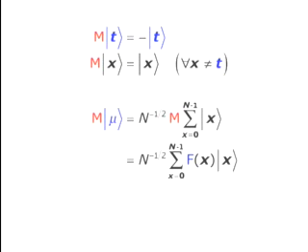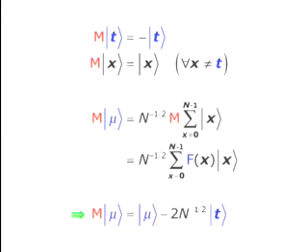Now you can see why I called this the marking operation. It marks the target term in the superposition by changing its sign. And we can write the effect of M in terms of states I've already named like this: M|μ⟩ equals |μ⟩ minus 2 over root n |t⟩.